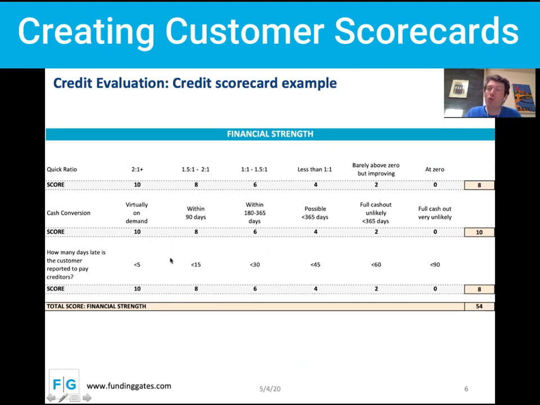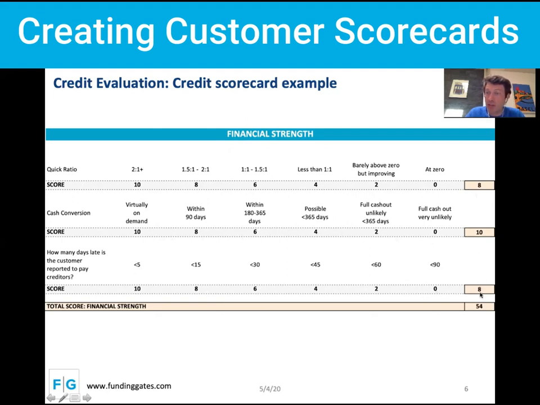Cash conversion, how quickly is the company able to convert its working capital into cash flows, right? Basically, as soon as possible is a score of 10. Within 90 days, it's 8. Within 180 to 365 days, it's a 6, et cetera, right? And then how late is the company paying its creditors, right? So you again give it a band from 0 to 10 and you assign it a score.